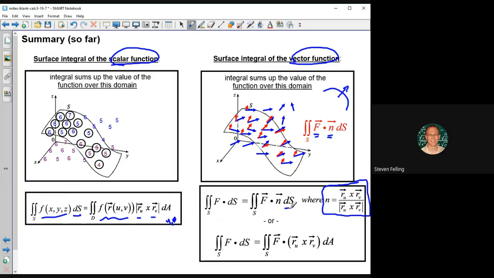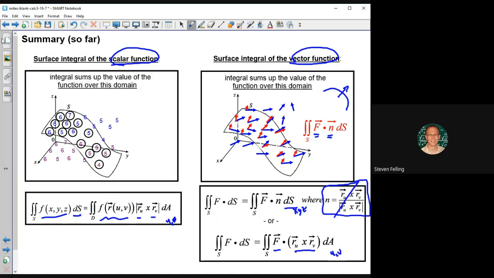When we sum this over the surface in xyz space, that's fine. But if we want to go over the uv parameter space, it turns out that to go from dS to dA, there's an extra element that cancels the normalization. So we only end up having to take F dot the cross product without normalizing. In fact, we never really do this normalization. This is the way we do this.